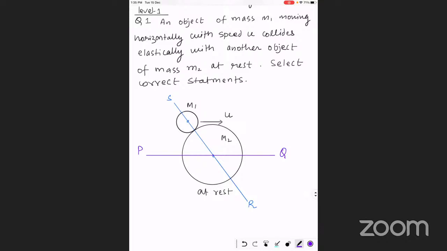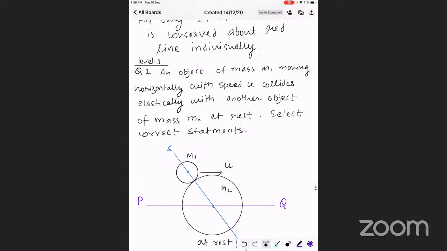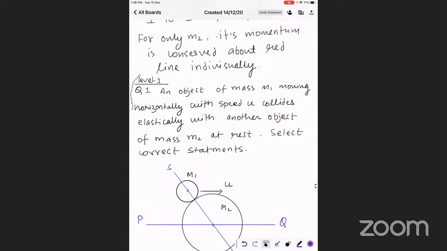Now option 1 is saying the momentum of the system is conserved only in direction PQ. I need some more space to write options.